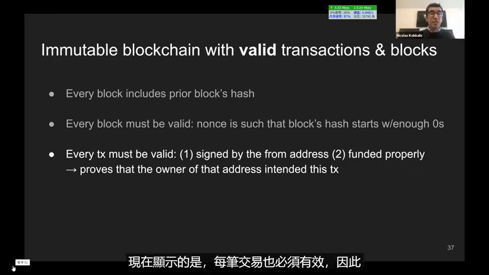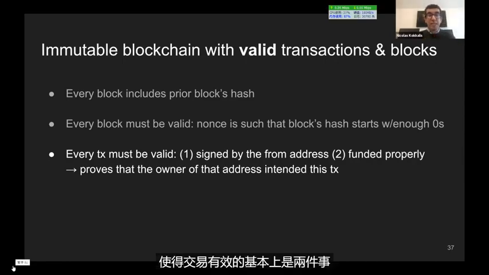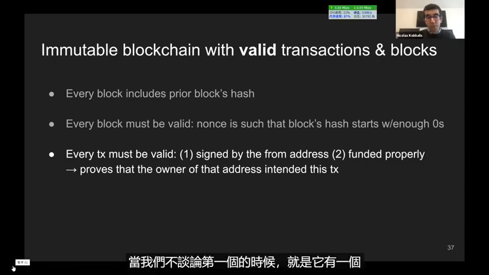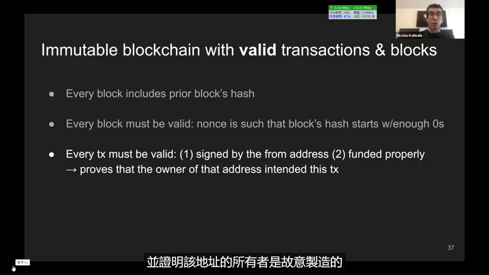And what we just showed now is that every transaction must also be valid. So what makes a transaction valid is basically two things, one that we talked about and one we didn't. The first one is a correct signature by the from address of every transaction, which proves that the owner of that address intended to make this transaction.